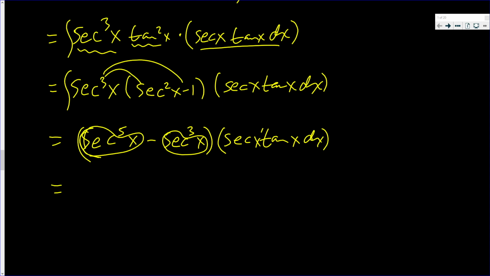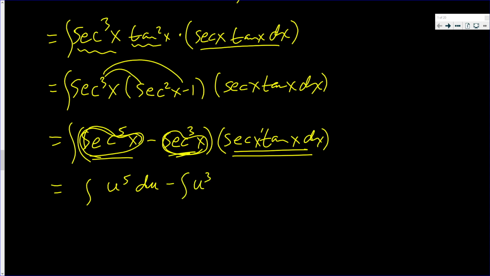So I have u to the 5th times du minus the integral of u cubed du.